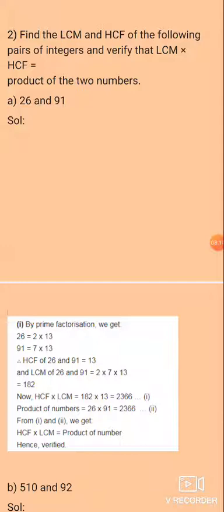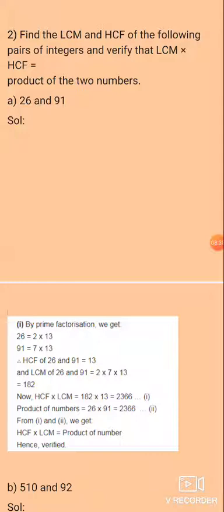Now we need to find HCF into LCM. So what is HCF into LCM? 13 is the HCF and LCM is 182. When you find the product, 2366. Put equation number 1. Now the second one, the product of the given numbers 26 and 91.